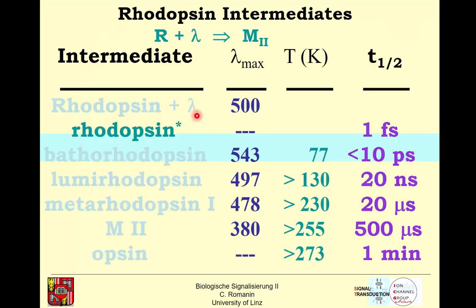You can see here that it has been nicely resolved, particularly for scientists who want to look at the various states in between. These occur in a very fast time frame, from picoseconds and nanoseconds to the microsecond range, so sub-millisecond. At least at the receptor level, this is a very fast process.